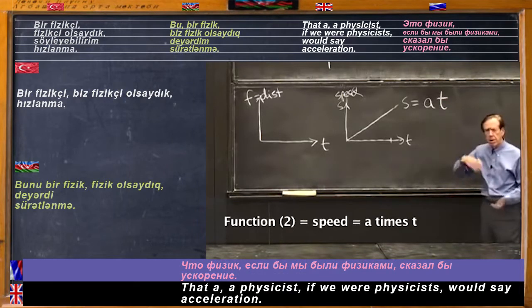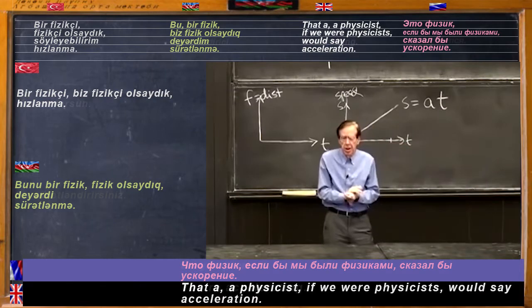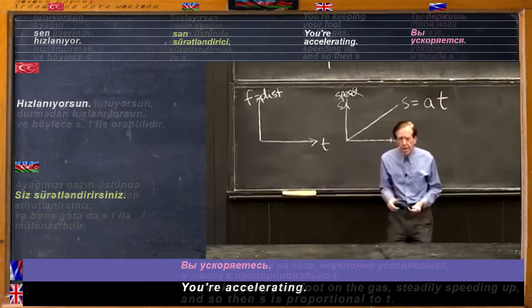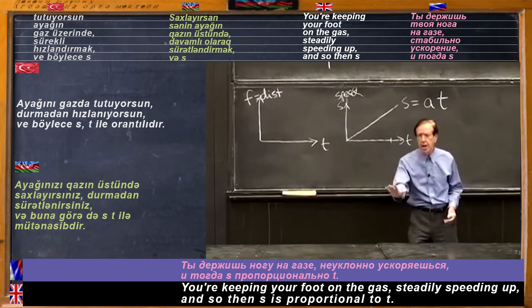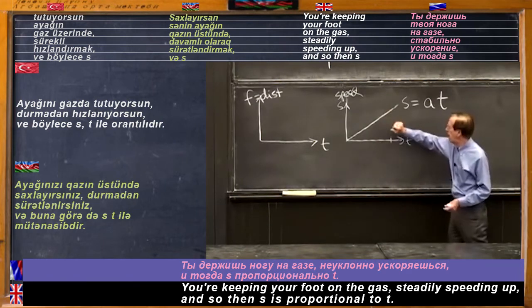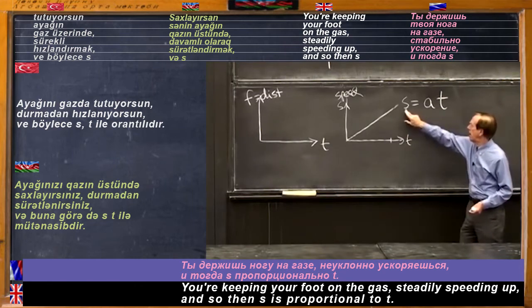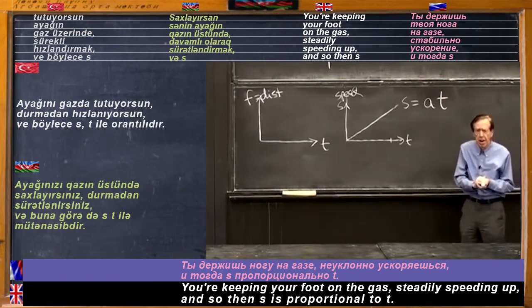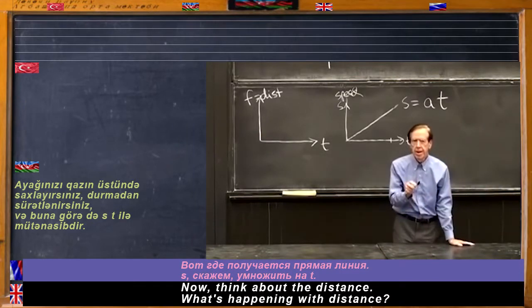That A, if we were physicists, we would say acceleration. You're accelerating. You're keeping your foot on the gas, steadily speeding up, and so S is proportional to T. Now, think about the distance.